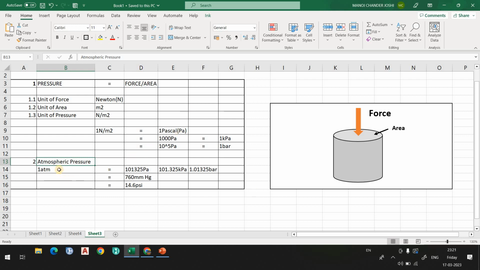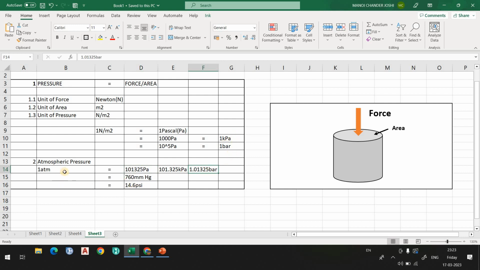Or you can say the pressure applied by the surrounding air on you is the atmospheric pressure. The standard value of one atmospheric pressure is 101,325 Pascal. This 101,325 Pascal can also be written as 101.325 kilopascal or 1.01325 bar, that we have already discussed here.